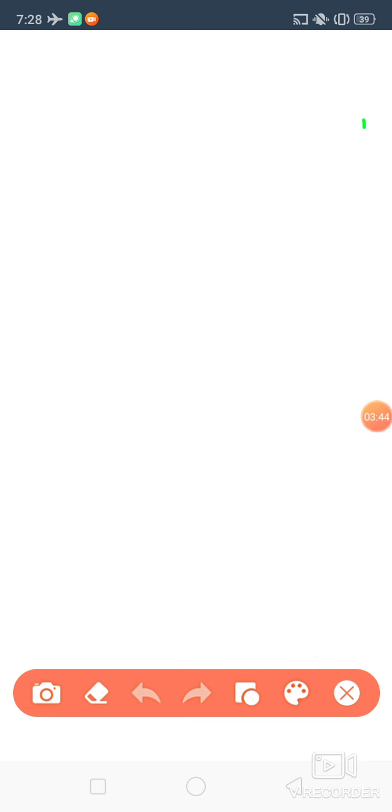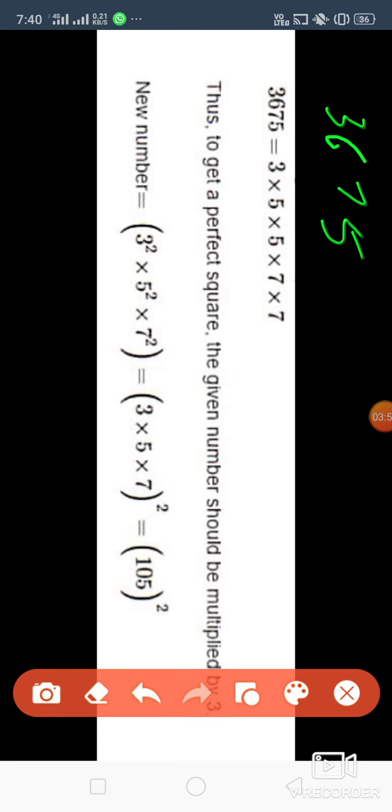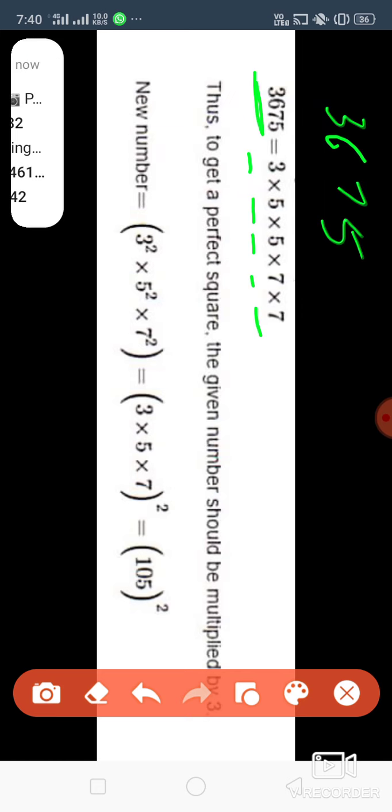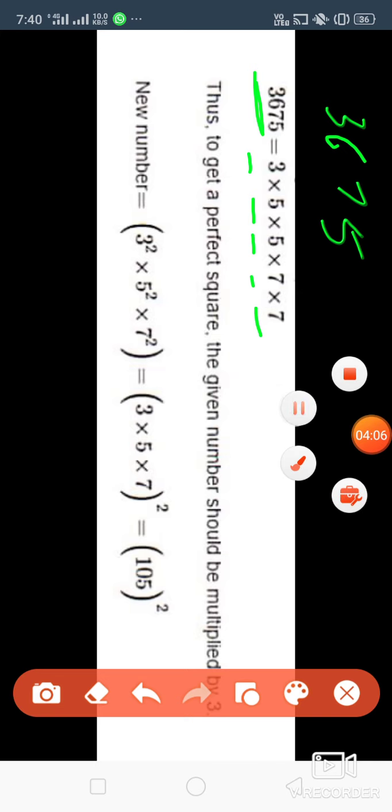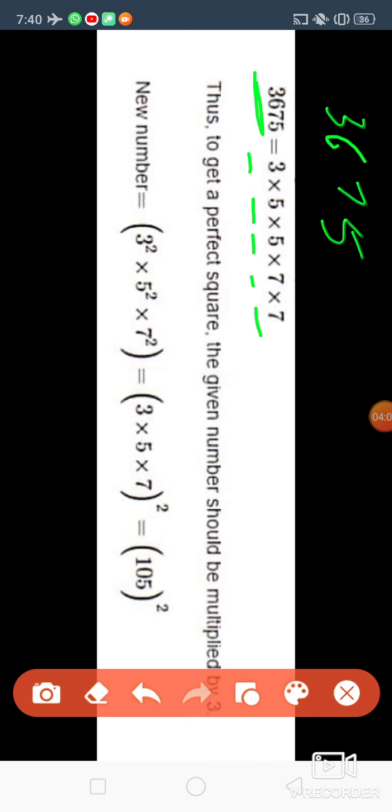If you do the prime factorization of 3675, you get 3 into 5 into 5 into 7 into 7.